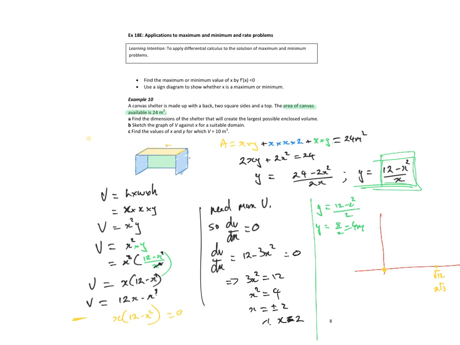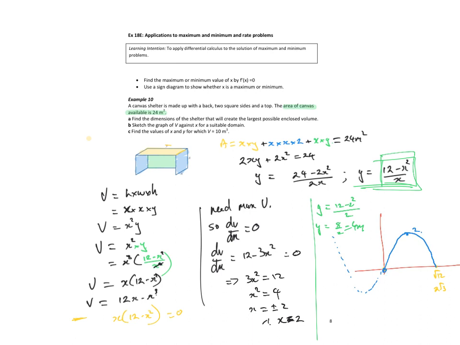If I want to know where my turning points are, I need to solve my derivative equal to 0, and my turning points occur at plus or minus 2. So there's one turning point up here at 2. So my graph would look like this, up to 2, and then I'm going to stop there as well because I can't have a negative volume.